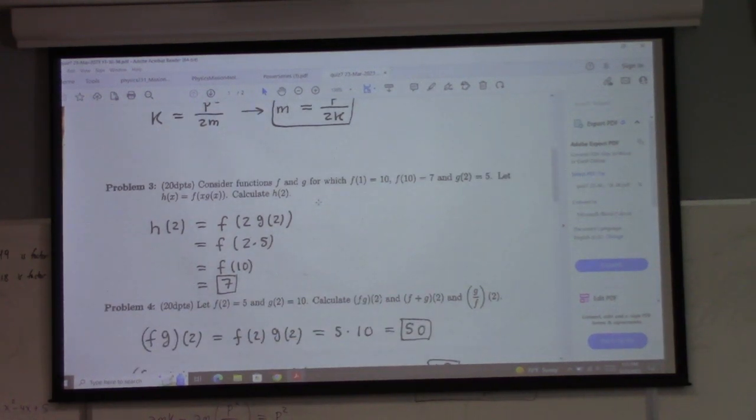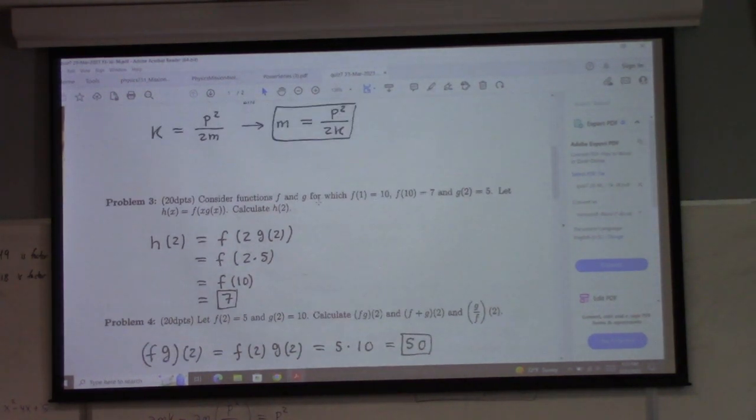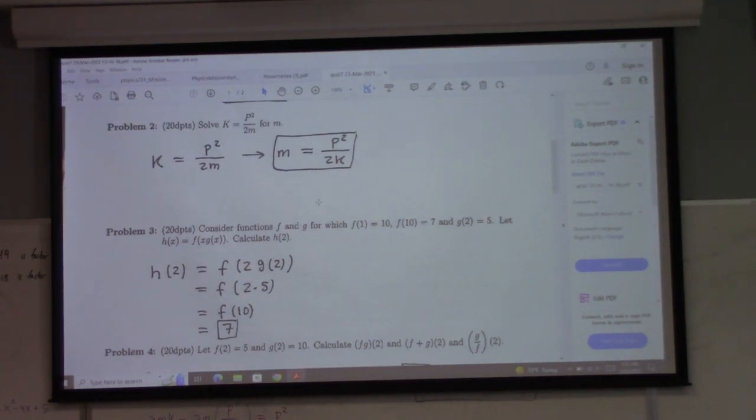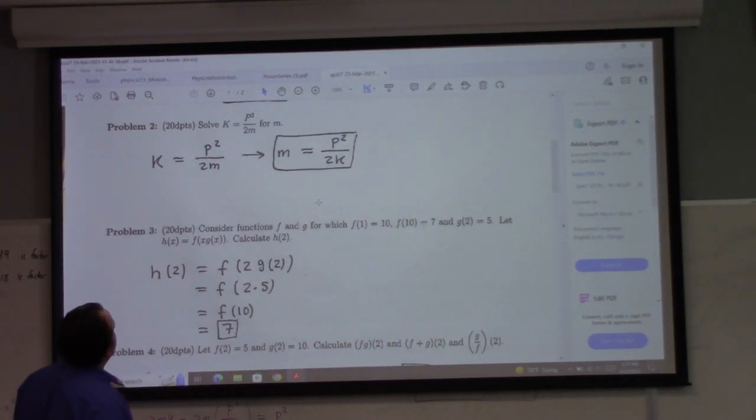Can you go back to the problem, please? So what if you multiplied both sides by p squared? It's p squared divided by 2m. If you multiply both sides by p squared, then you get p squared times k equals 2m, and then you can divide both sides by 2.